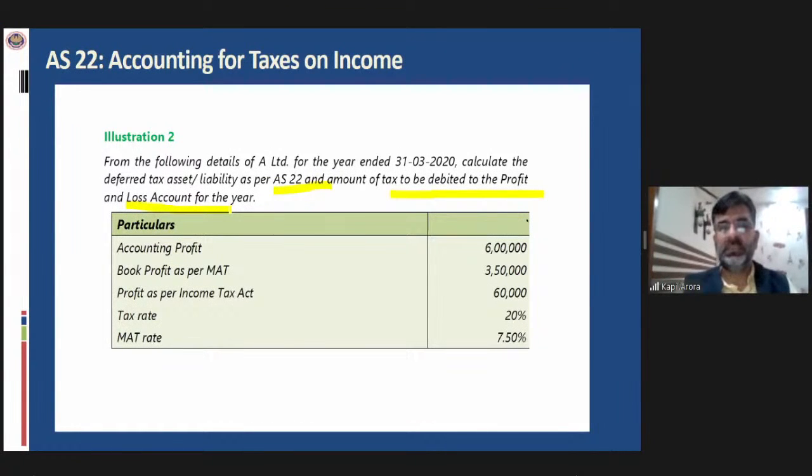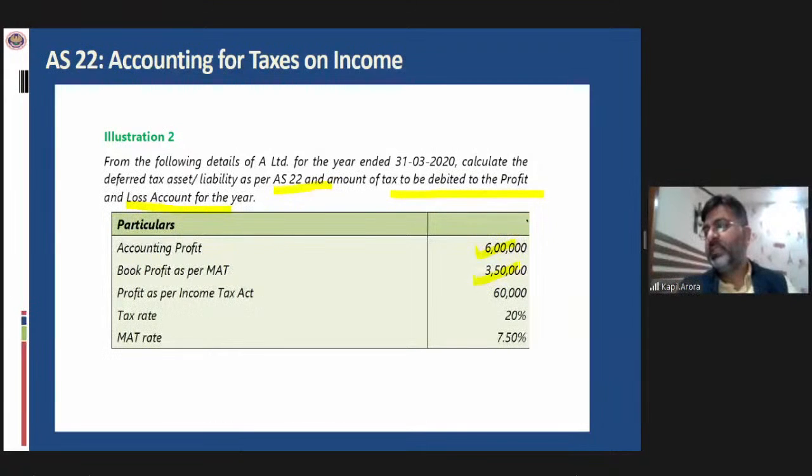Now coming back to this, we have an accounting profit of 6 lakhs, MAT. So MAT means minimum alternate tax. What happens generally is that many companies take the advantage of many allowances which are available so that they can reduce the tax up to 0.